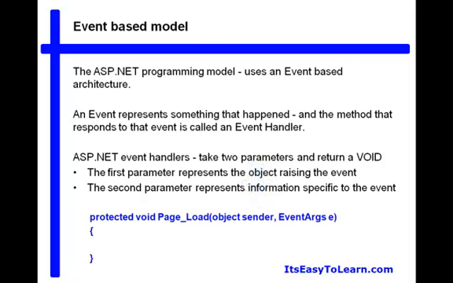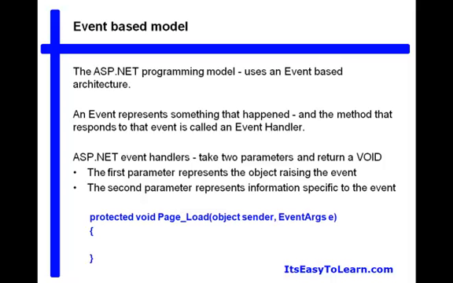For example, what needs to happen on page load is defined by the event handler protected void Page_Load, and the parameters are the sender and the event arguments. In this case the page load happens through ASP.NET. The sender is ASP.NET, and it has a set of event arguments.